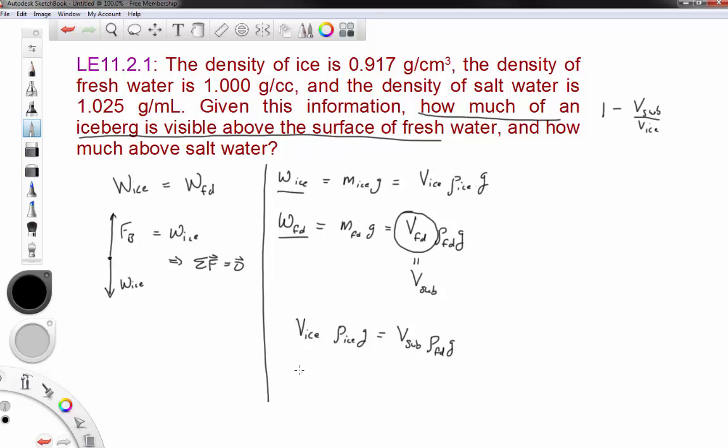And you can see down here that the volume submerged over the total volume, you can get by dividing both sides by the total volume, and then dividing by rho times g. So you get the density of the ice divided by the density of the fluid displaced.